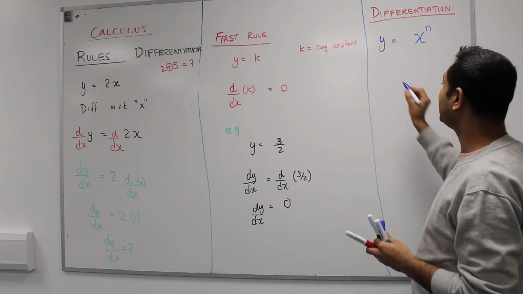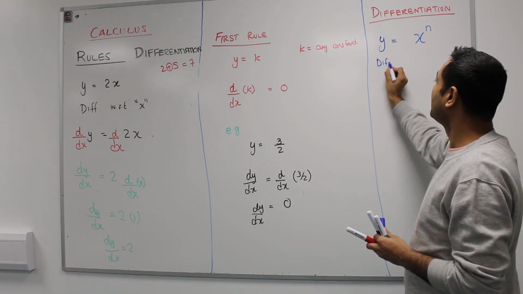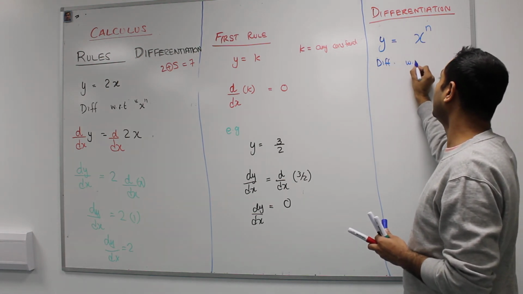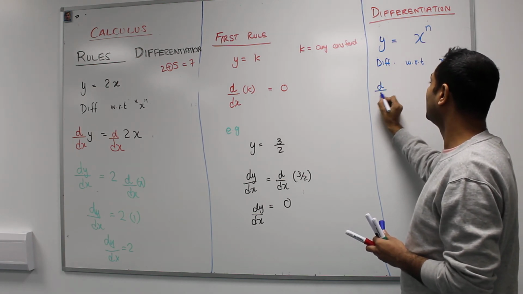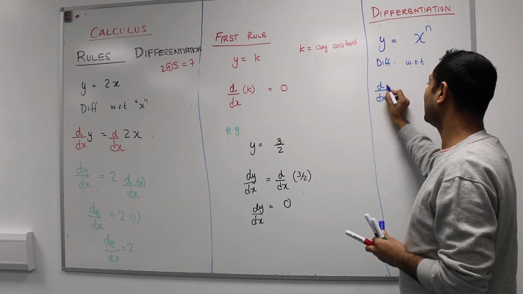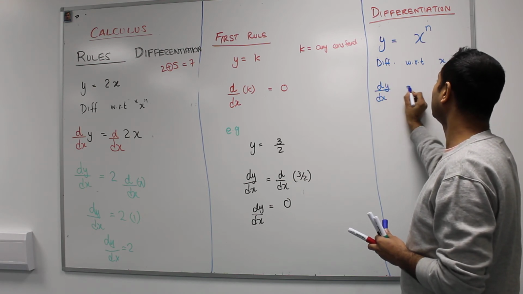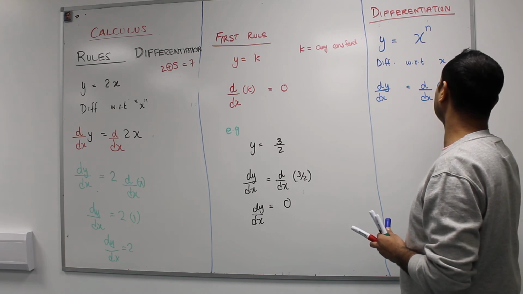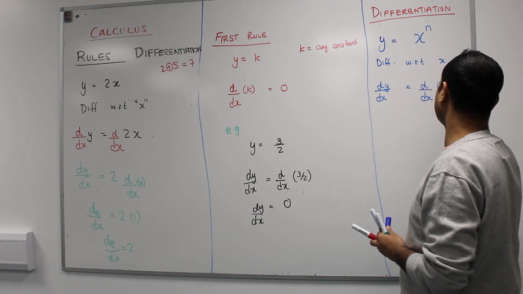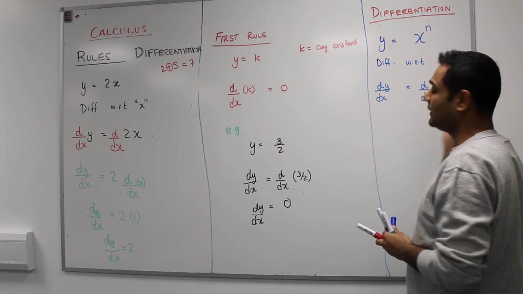When you differentiate with respect to x, you just put d over dx on this side, so that becomes dy over dx. And here you do d over dx of x to the power n.